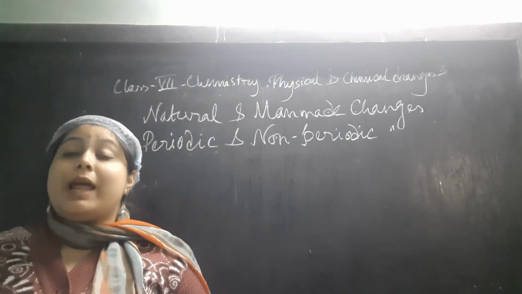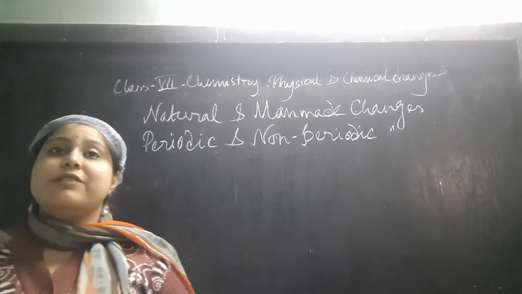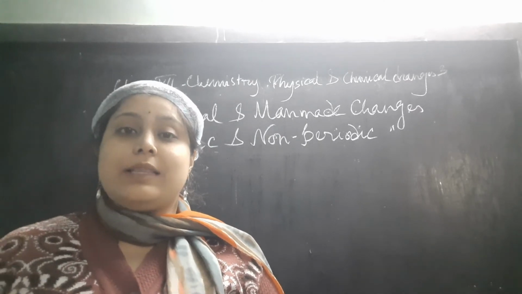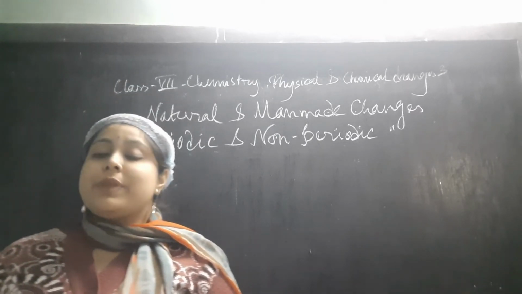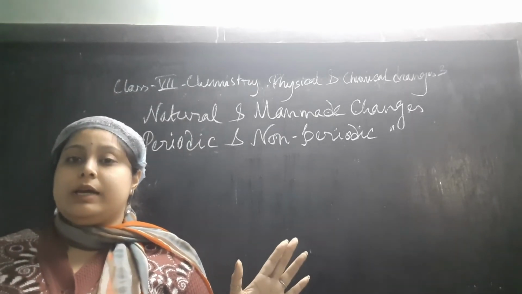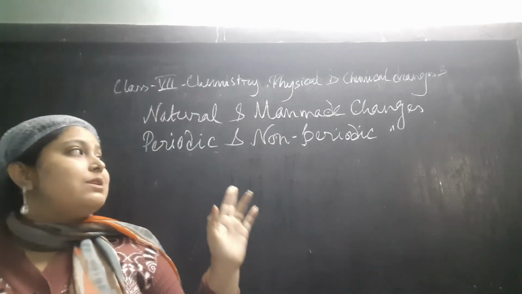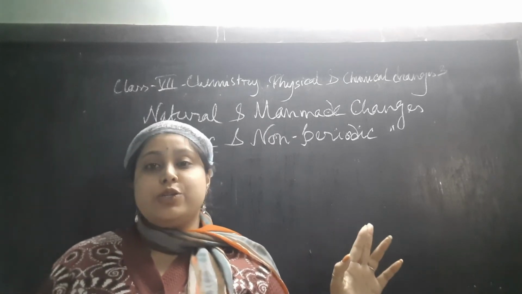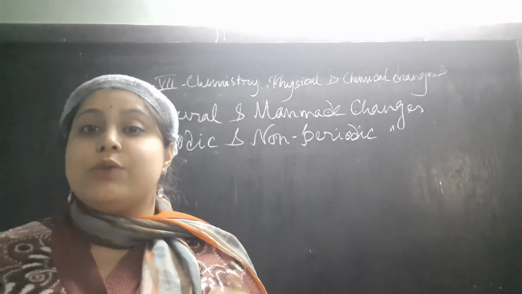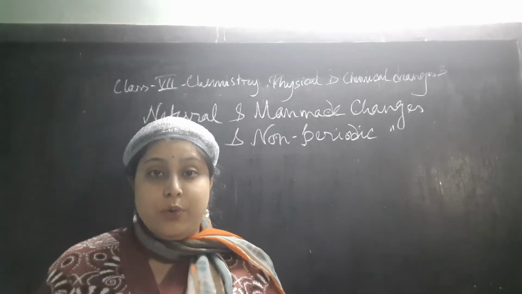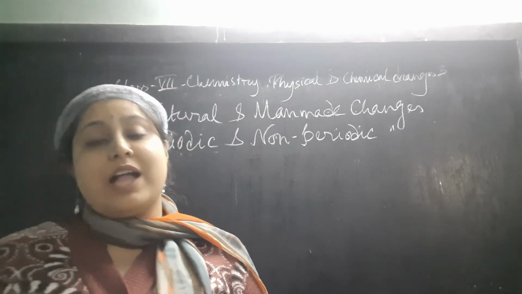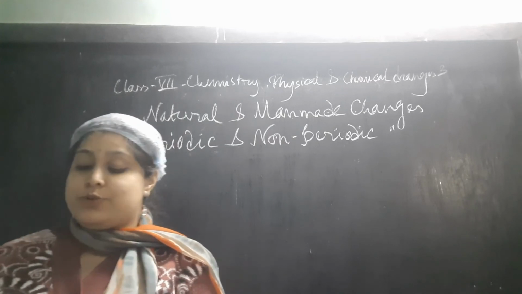They can come at any time and can be devastating, like earthquakes, floods and epidemic diseases, but these are not periodic. You have to learn the examples very carefully, and then only you can answer the questions. You can make new examples on your own of periodic, non-periodic, natural and man-made changes.